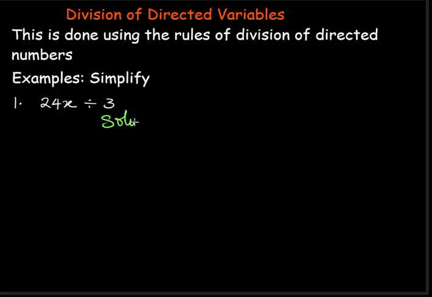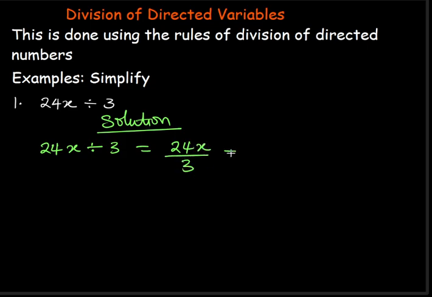So let's see the solution. The first one is 24x divided by 3. This will be equal to 24x all over 3. Now this is the same thing as saying 24 times x all over 3.